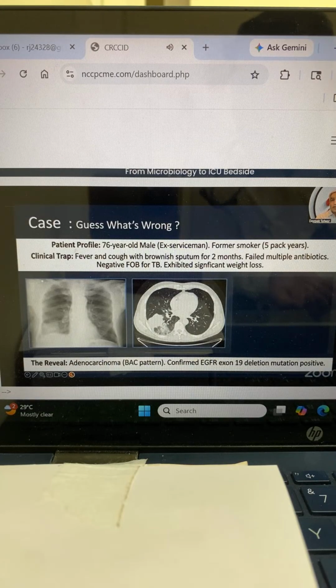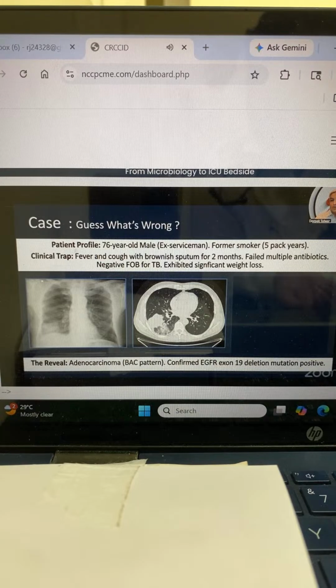The next is a 76-year-old male who's an ex-serviceman and a former smoker who comes primarily with fever, cough and brownish sputum for 2 months. Multiple antibiotics, negative FOB and significant weight loss. You can look at the chest x-ray, the right-sided pneumonia.